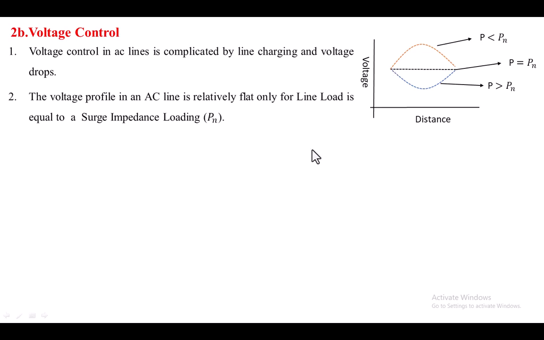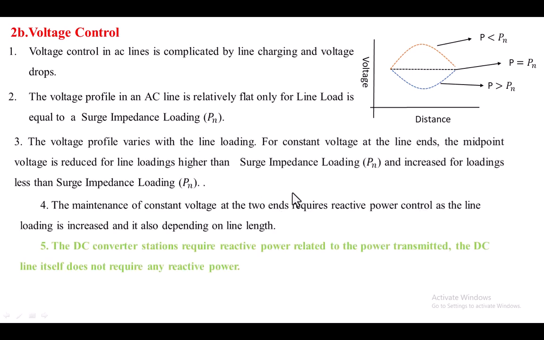So from this analysis we can say very easily that the voltage profile across the line is highly dependent upon the line charging current and voltage drop, and also upon how much load we are keeping on the line. If you want to maintain the voltage at the two ends of a line constant, it requires reactive power.